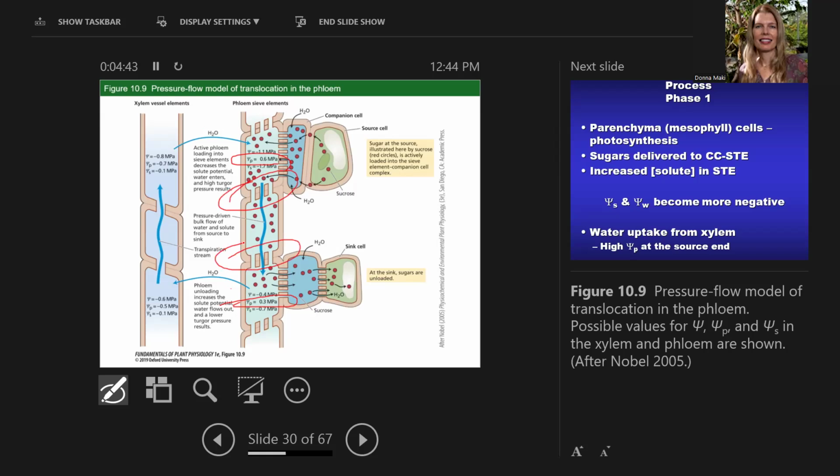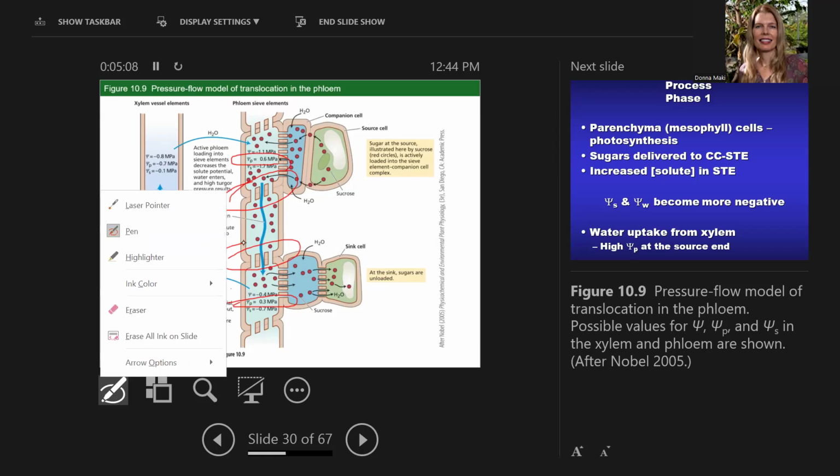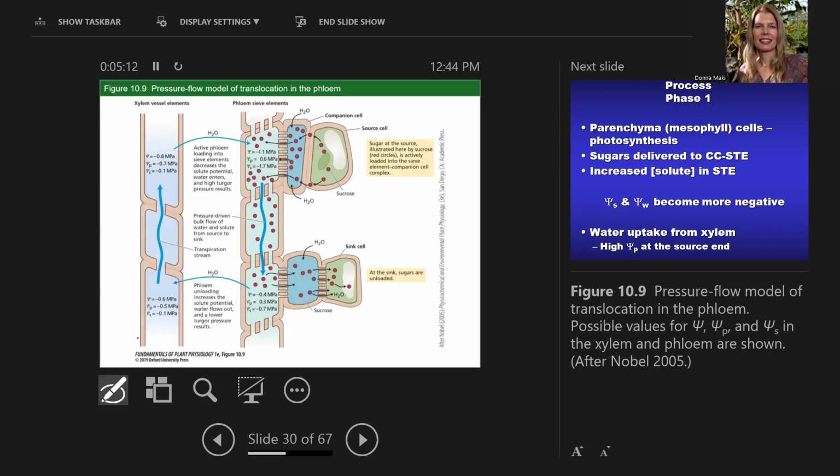They don't have to bother with dealing with any membranes. So really, it's kind of an elegant system. There's not a huge input of energy anywhere. You have just this pressure gradient developing and the laws of water potential allowing for this gradient to get established.